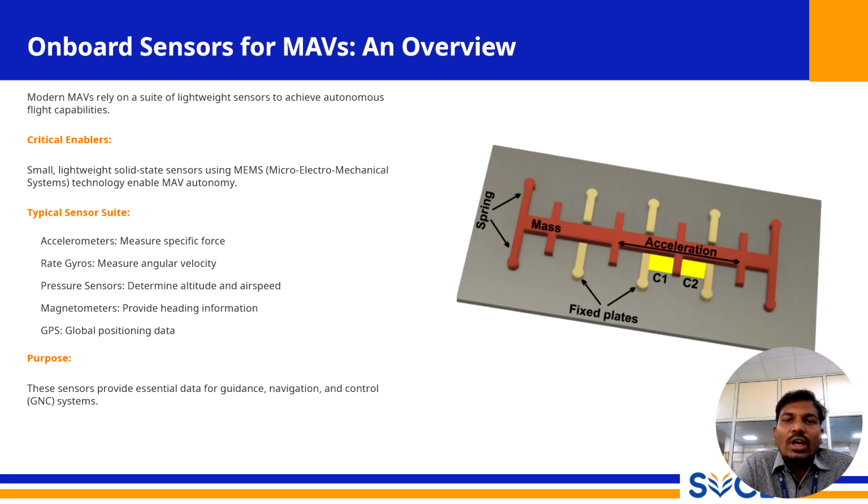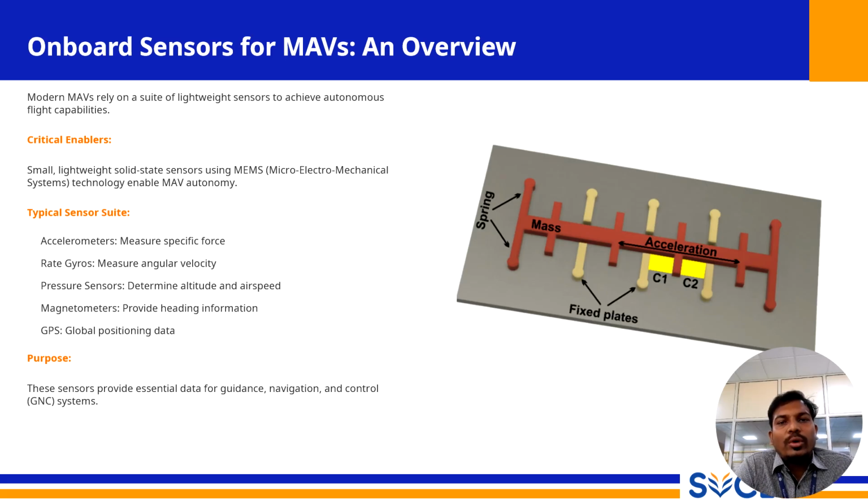To know which direction it is heading, the MAV uses a magnetometer, which provides heading information by acting as a digital compass. Finally, to know its absolute location on the globe, the drone relies on GPS, which provides global positioning data.